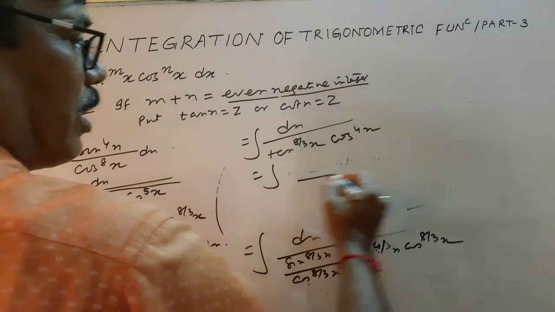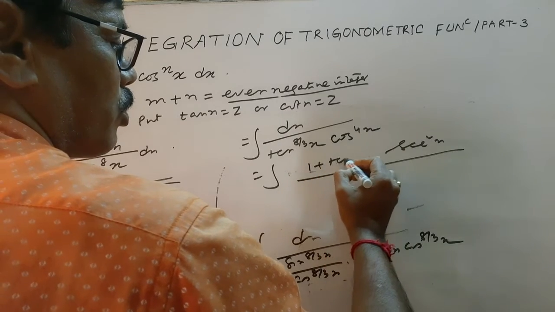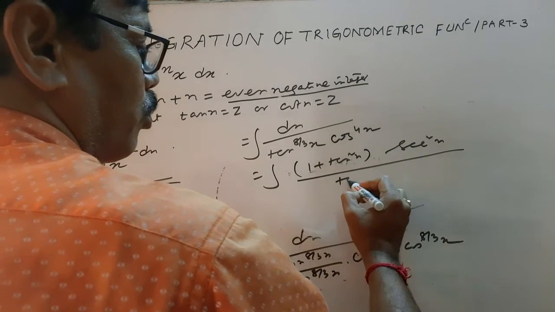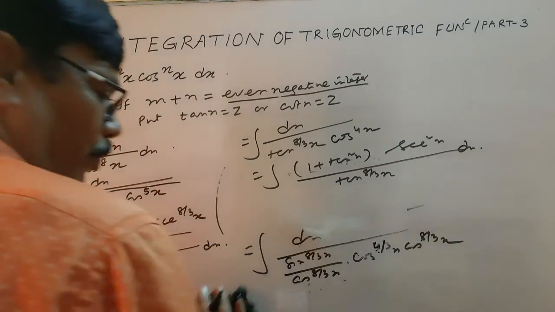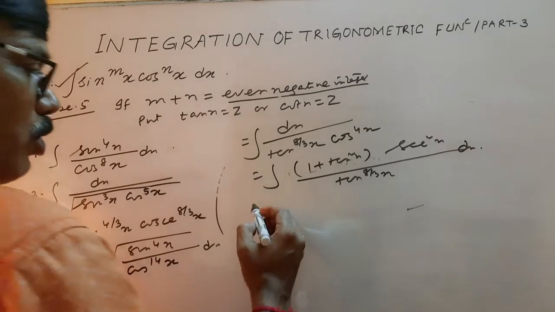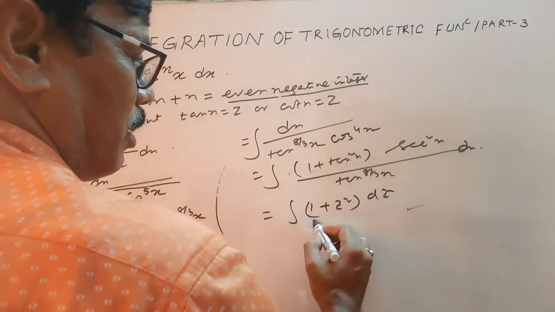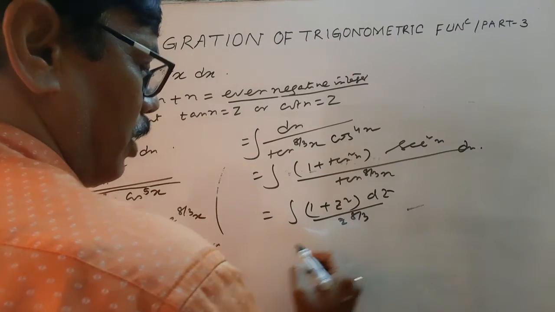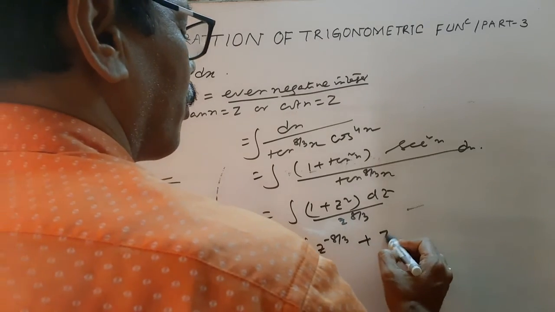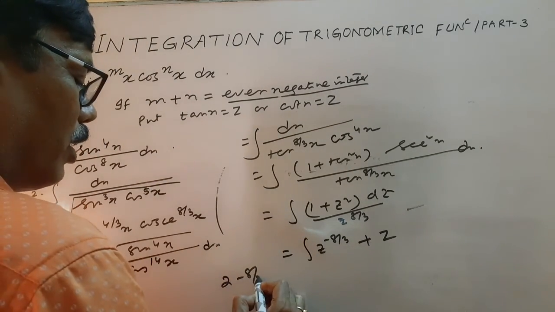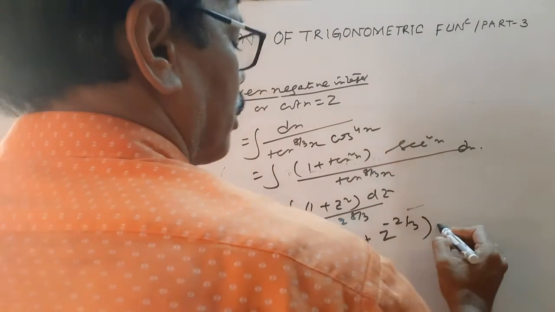Now exactly the same: this is sec square x, and this is 1 plus tan square x, over tan to the power 8 by 3 x dx. Now tan x equals z, so 1 plus z square into dz by z to the power 8 by 3. So z to the power minus 8 by 3 plus z to the power 2 minus 8 by 3, so minus 2 by 3.